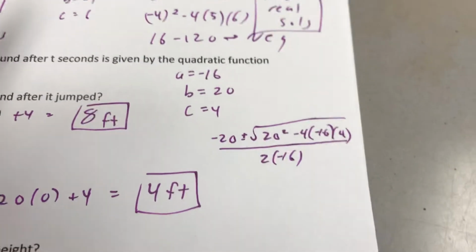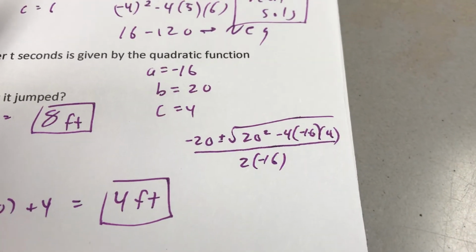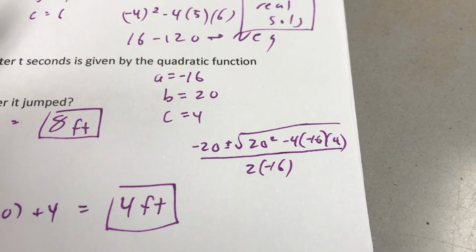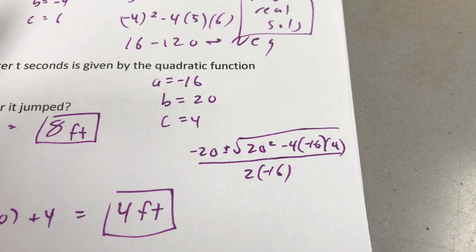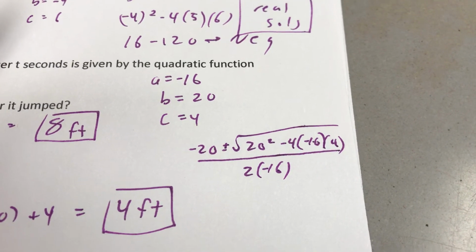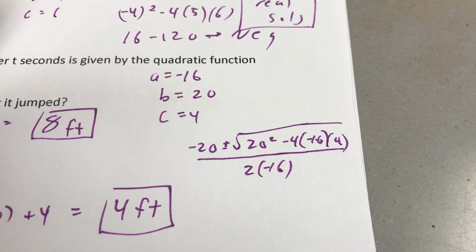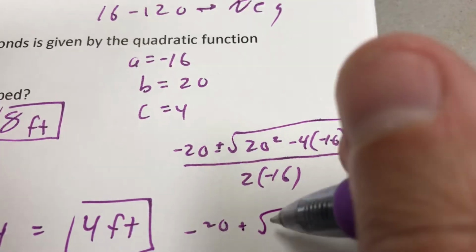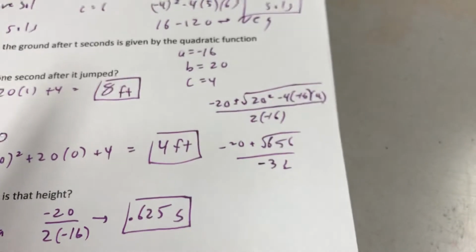So at this point, we're going to get a decimal answer here. I just want to verify that I have this right. Yeah, so it's going to be negative 20 plus or minus the square root of 656 all over negative 32 if we multiply this out.